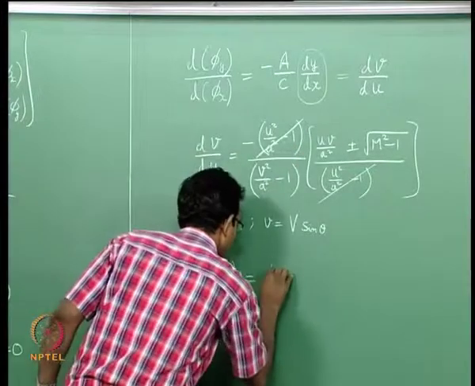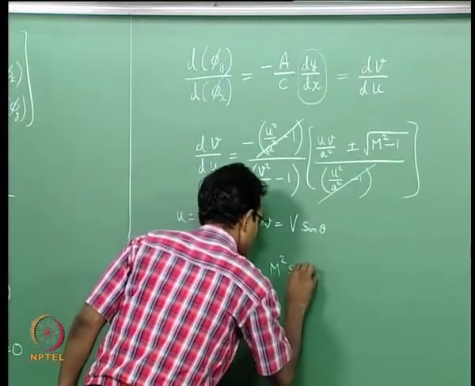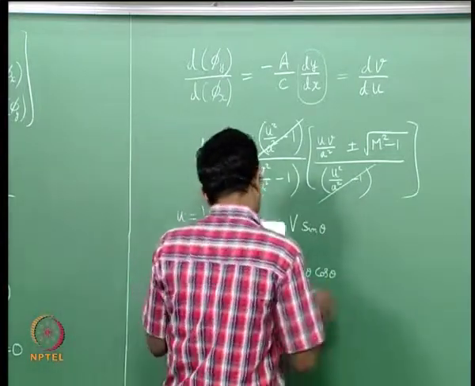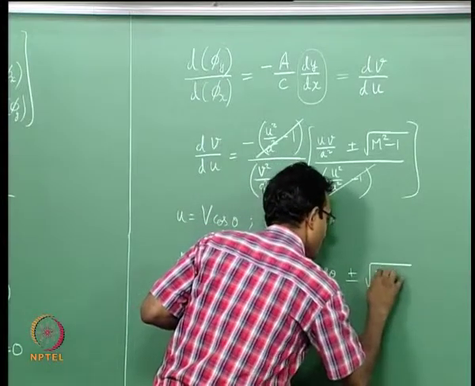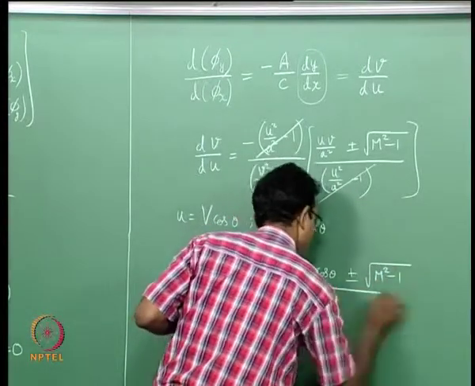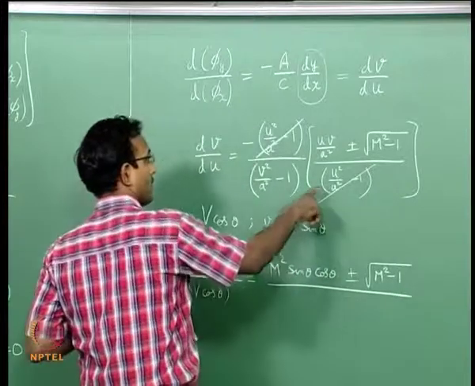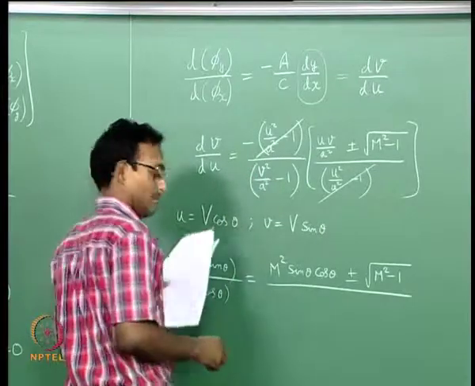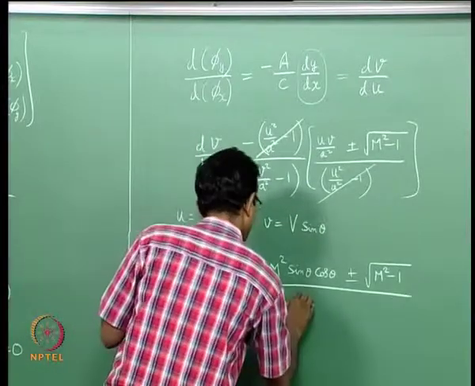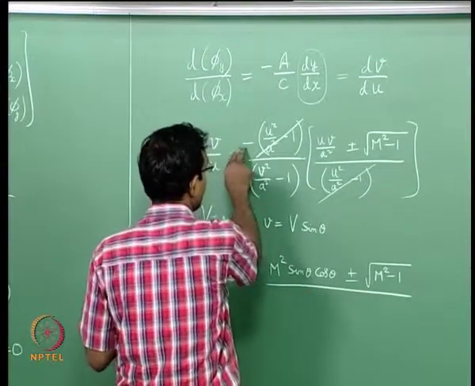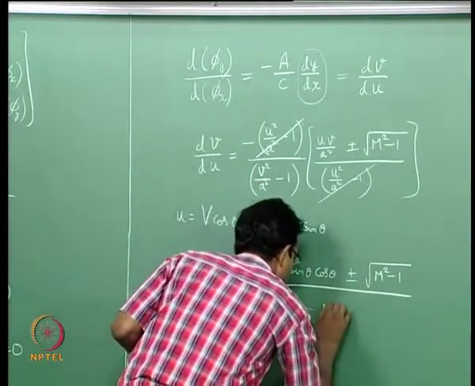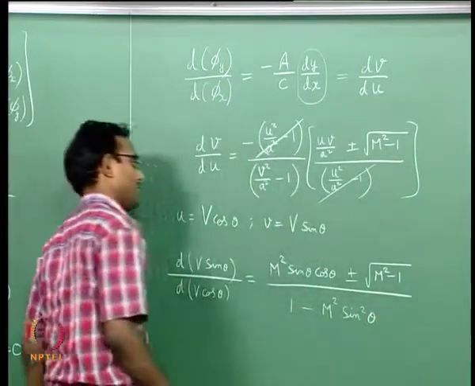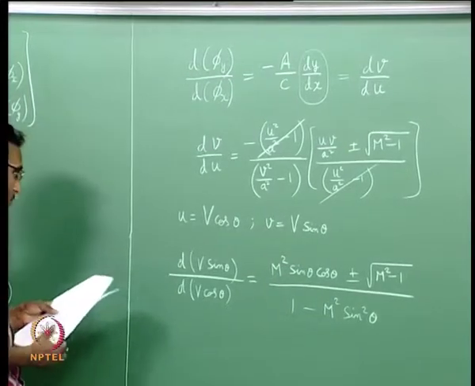So I will write that whole thing together, it will be M square sin theta cos theta plus minus square root of M square minus 1 divided by, I have sin square M square sin square minus 1, okay, and there is a minus sign here, so I will put that inside here, it will become 1 minus M square sin square theta. I got it to this form.